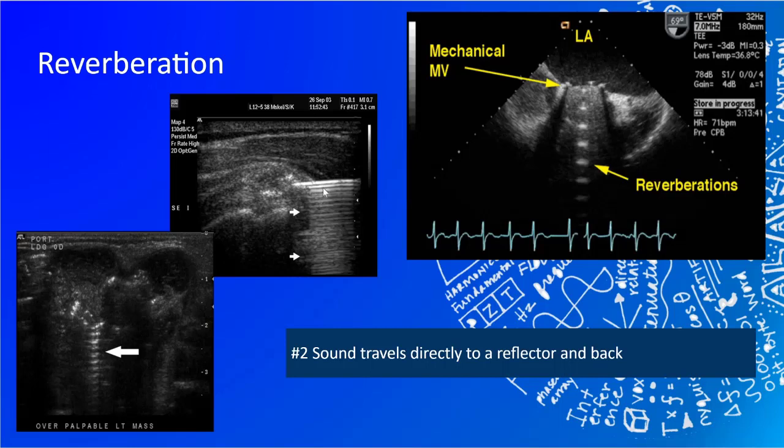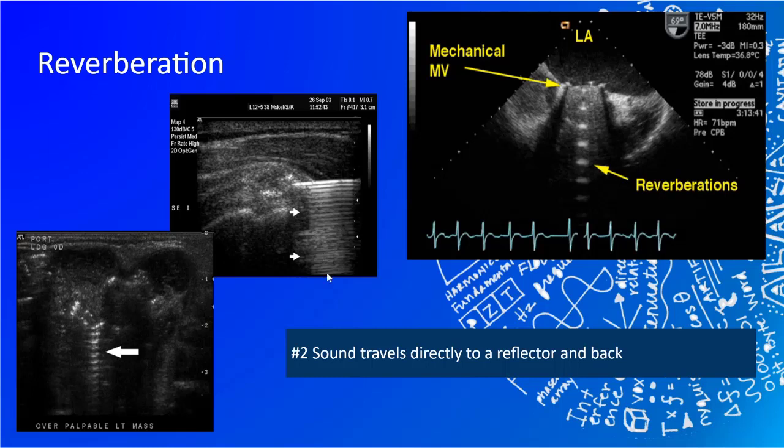Time has gone by, so now we're introducing that time of flight rule, and the machine is calculating deeper and deeper and deeper reflections. So we get equally spaced parallel lines that go deep into our picture. They lose echogenicity because of attenuation as we get deeper.